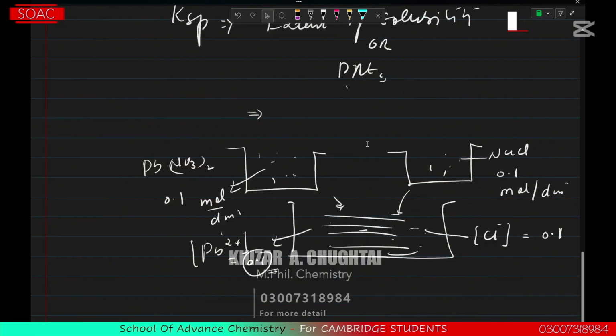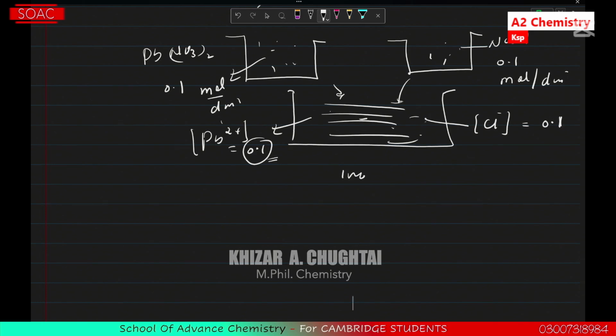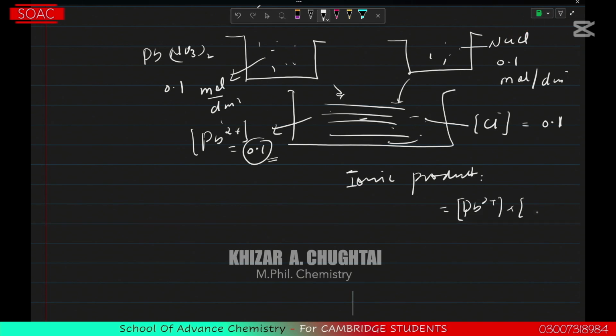Now I'm going to find the new Ksp answer, that is called the ionic product. It uses the same formula as that of Ksp: Pb2 positive ion multiplied by the Cl negative ion raised to power 2.